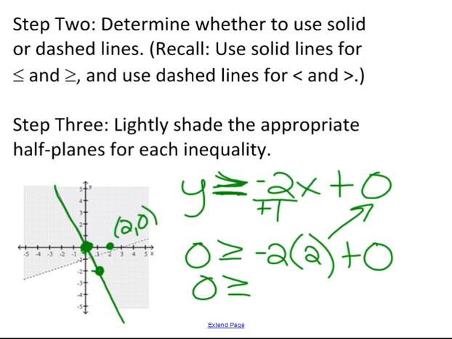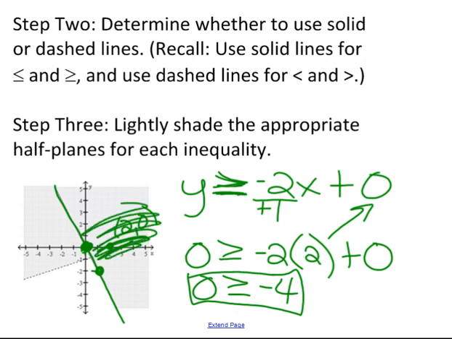So simplify each side. -2 times 2 is -4. Plus 0, we still have -4. And the question, is 0 greater than or equal to -4? And it is. Since it is greater than or equal to -4, you're going to shade covering up that test point. So that's over here.